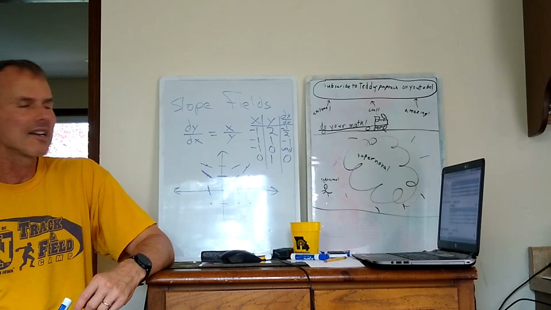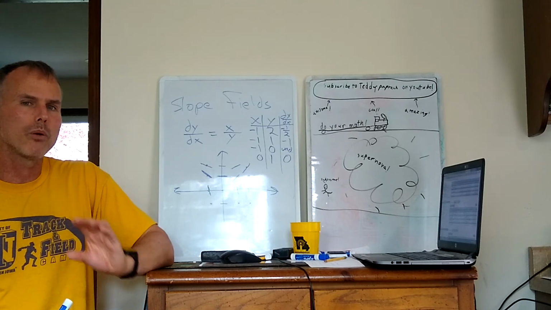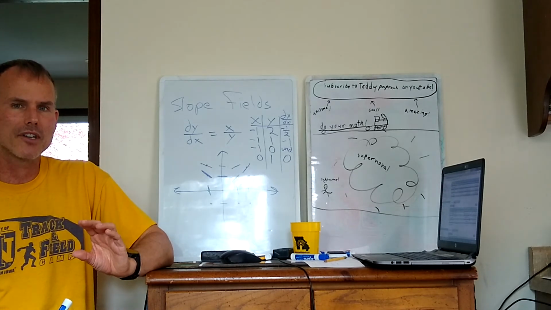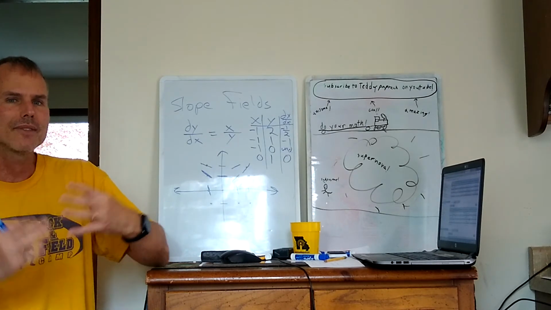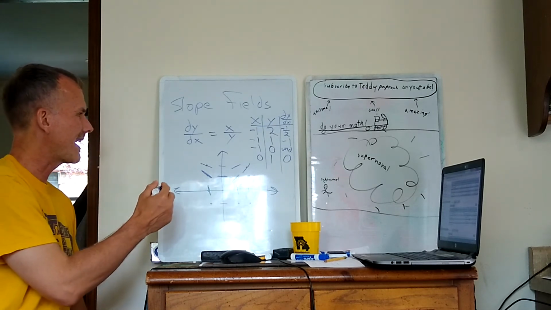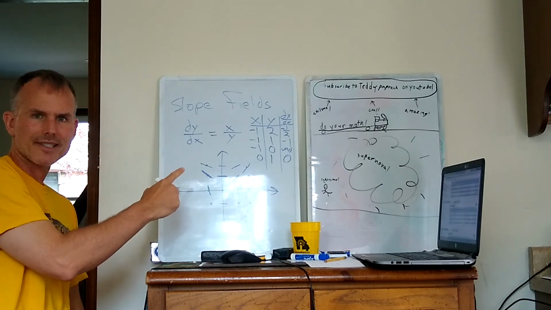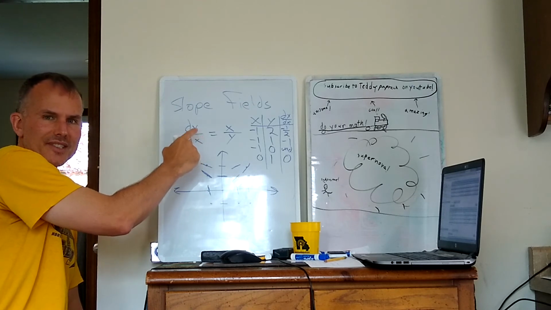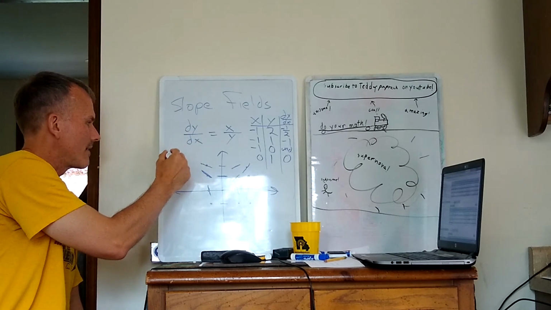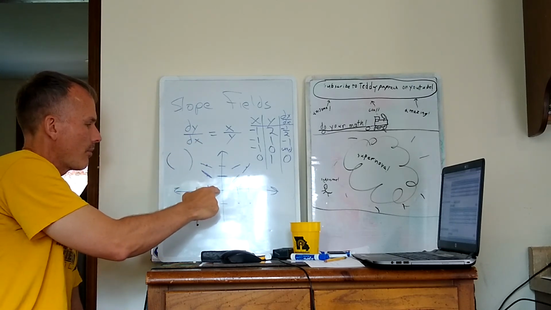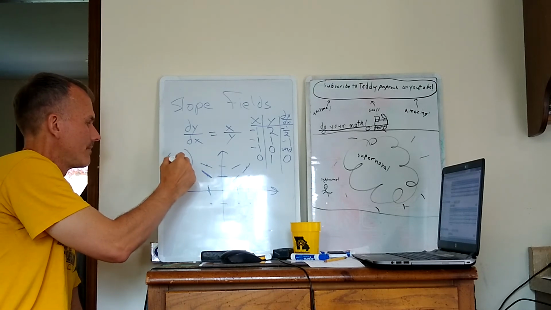Same thing here. I need to know one point that's on the particular solution curve. So let's say I wanted a graphical representation of the particular solution for the case where it passes through the point 0, 1.